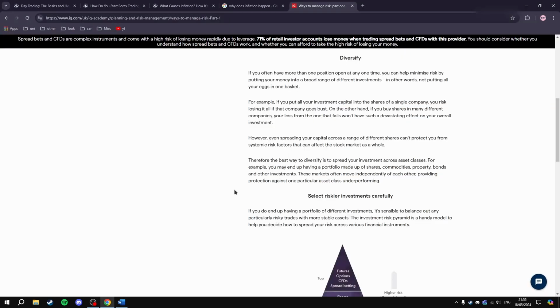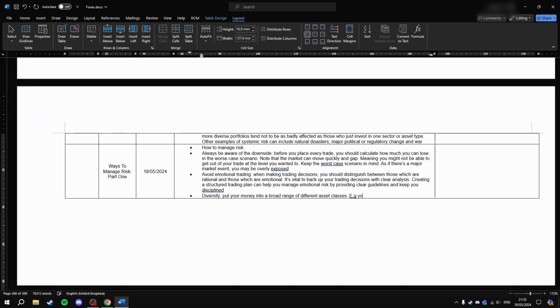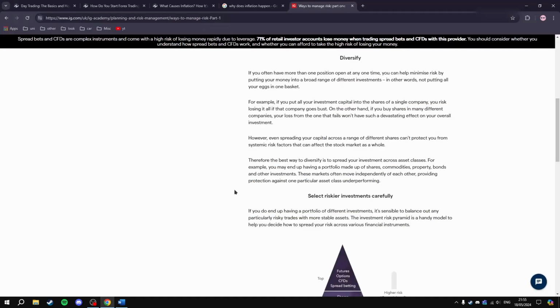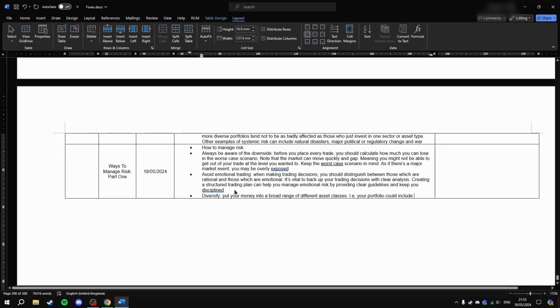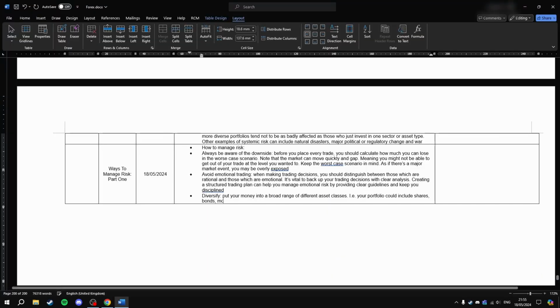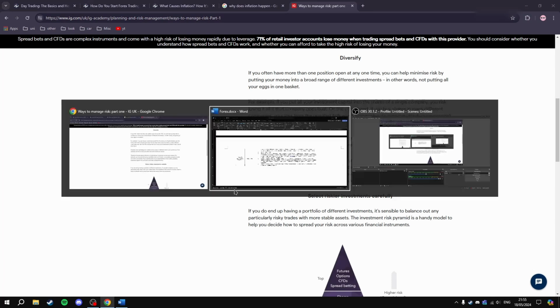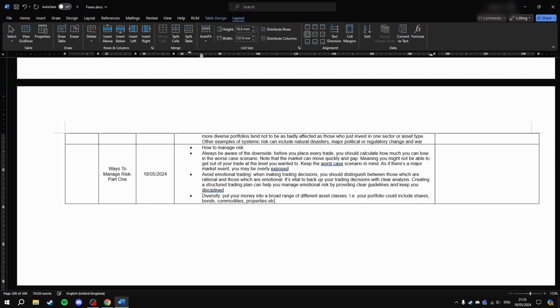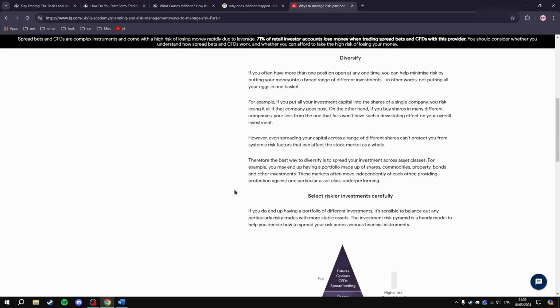For example, your portfolio could include shares, bonds, commodities, properties, etc. These markets often move independently of each other, providing protection against one particular asset class underperforming.